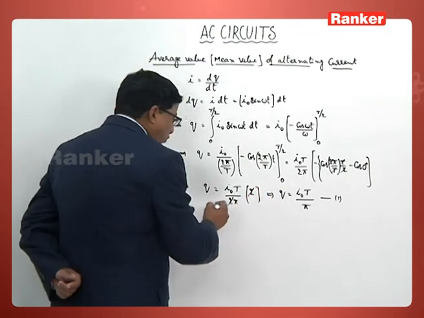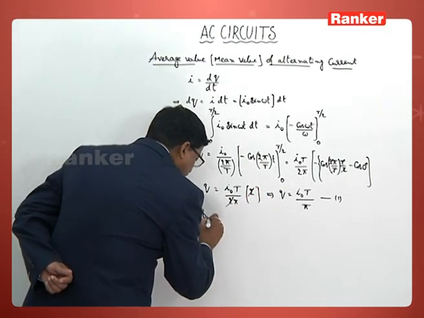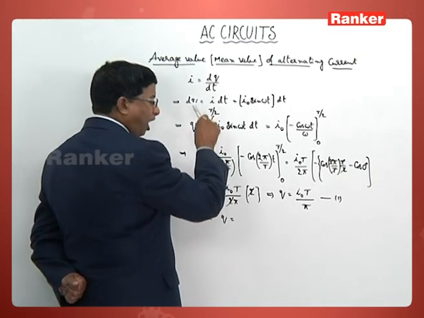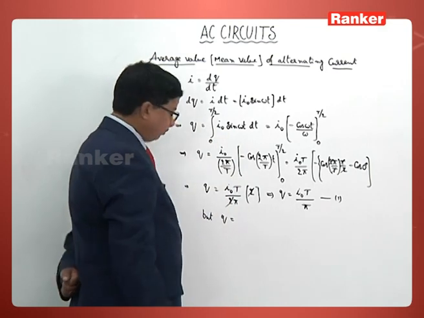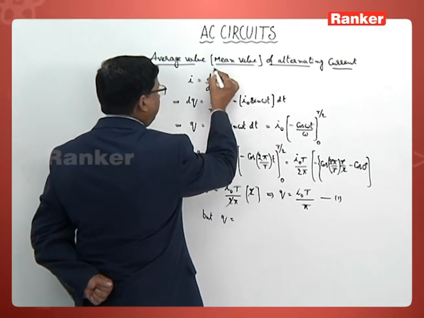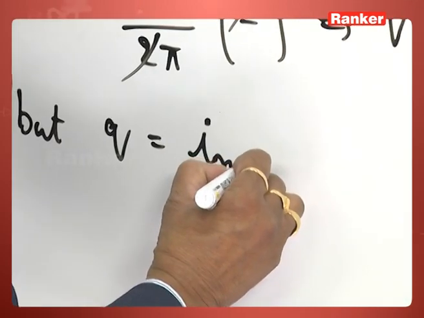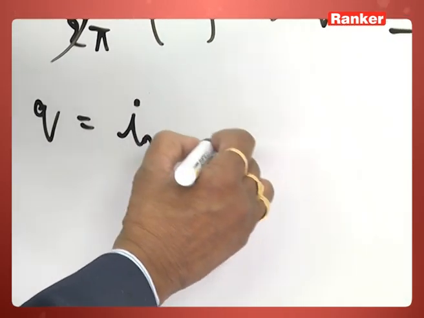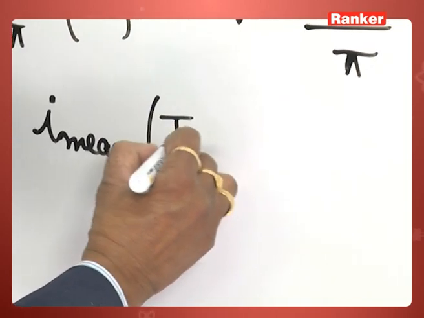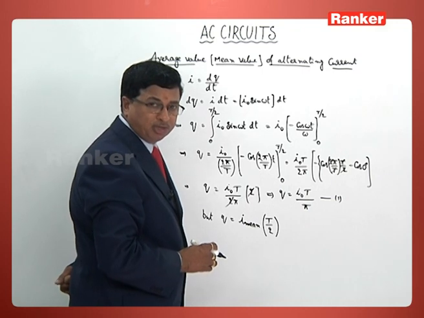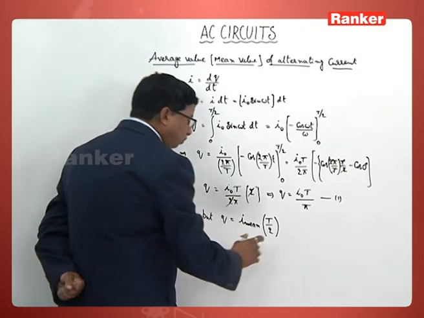Now we can write Q is equal to I into T. We are discussing the concept of mean value. Therefore, I write this as I mean into the time taken, which is half of the total time period, that's T by 2.